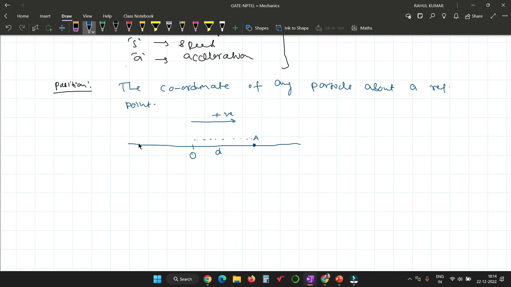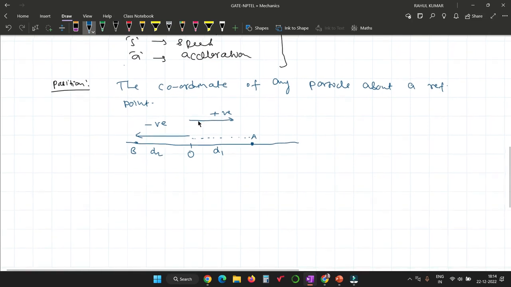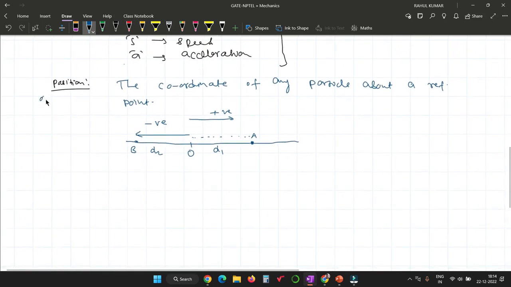Suppose the particle B is situated here, and the distance is D2. This is the position of point B, but here the direction is reverse. So the position, or you can say displacement, both are same. Since it is a vector quantity, it will be negative and positive both.